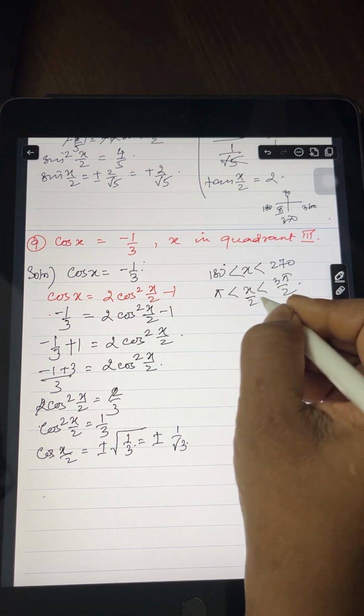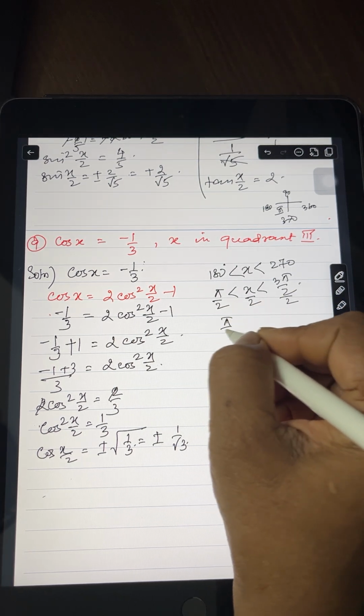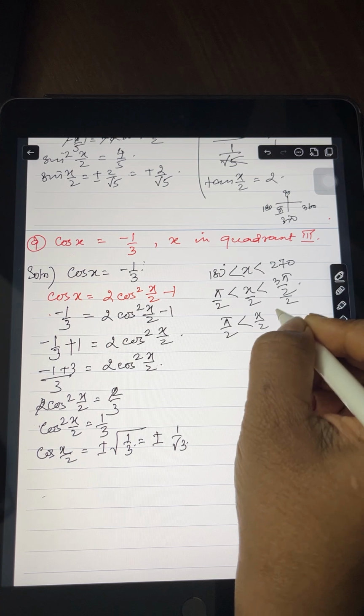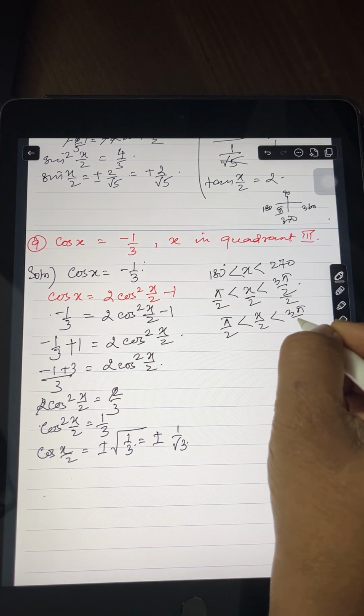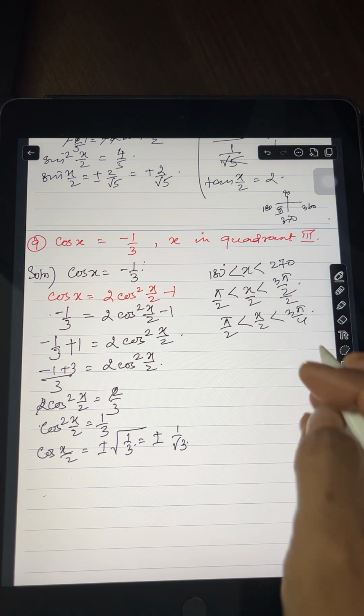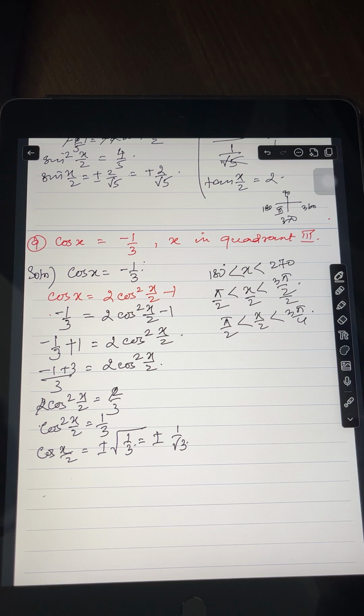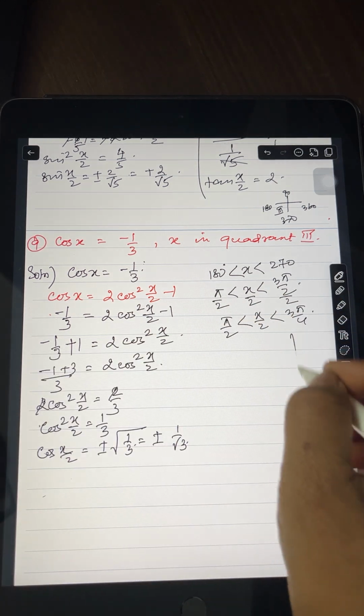Now you will have to divide by 2 throughout. Now you get pi by 2 is less than x by 2 is less than 3 pi by 4. So 3 pi by 4 is nothing but 135 degree. So x by 2 is less than 3 pi by 4 but greater than pi by 2.